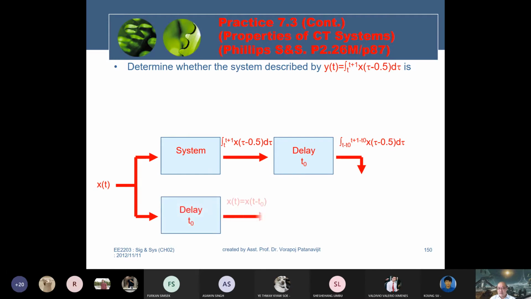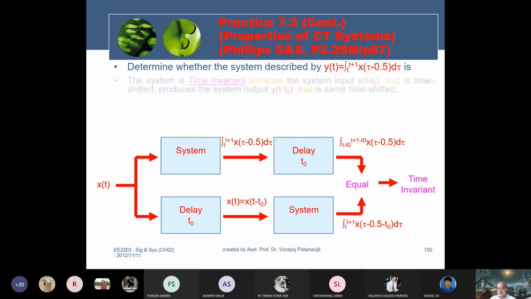Next, we delay first. Shift every x(t) by t minus t naught, and integrate after that. In this case, you can see that the result is equal. If it is equal, it means the system is time invariant.